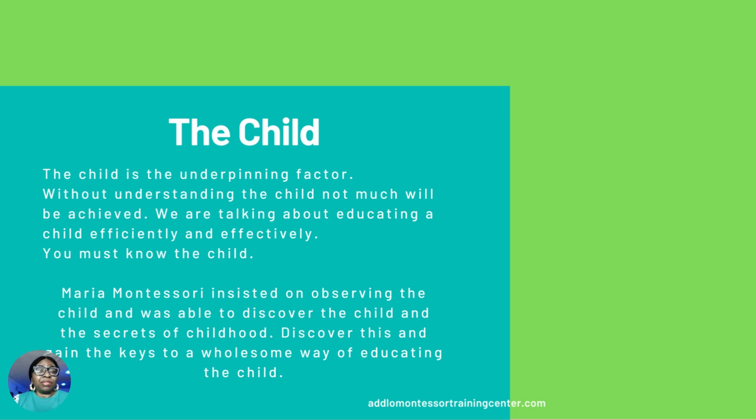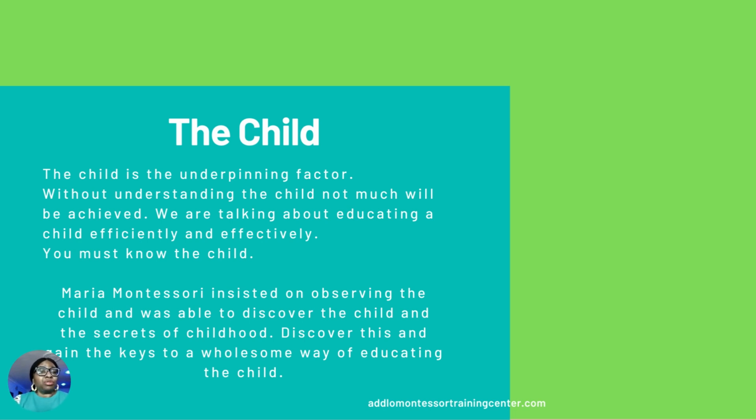We are talking about educating a child efficiently and effectively. And if you are going to do that, you must know the child. Maria Montessori insisted on observing the child and was able to discover the child and the secrets of childhood.